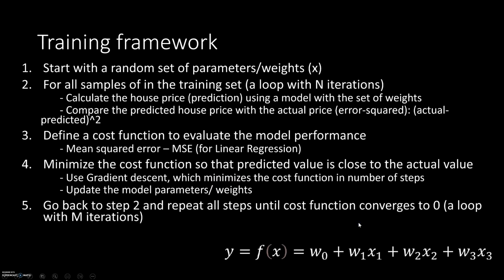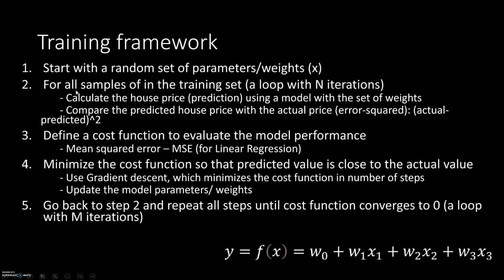In this slide, we'll jump into the general training framework. Firstly, we don't know the weights, so we'll start with a random set of weights. Once we decide on this random set of weights, we calculate the output. Let's go through the steps slowly.